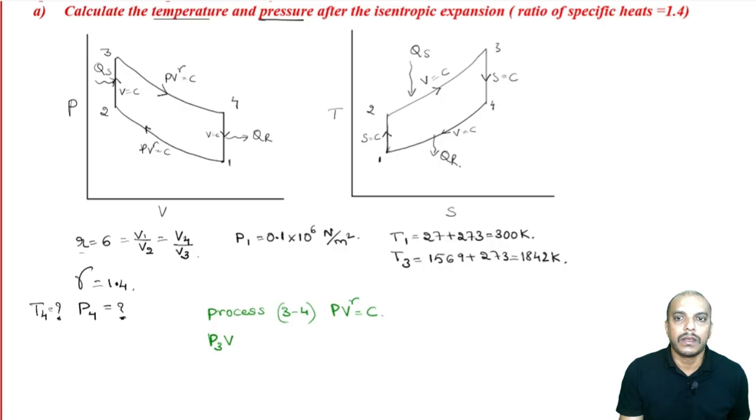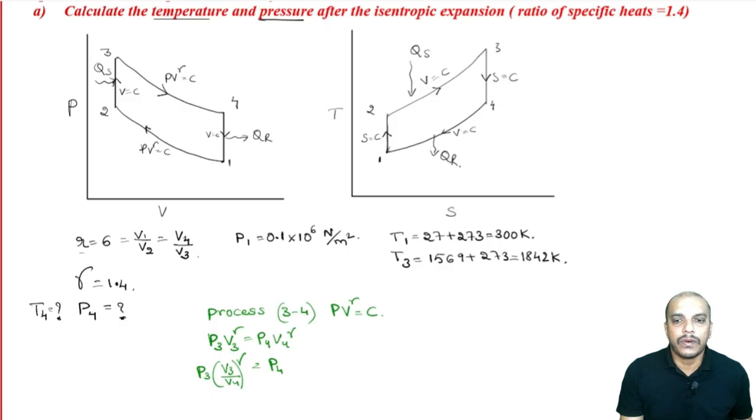So, P3 V3 power gamma is equal to P4 V4 power gamma, alright. We are interested in finding out P4. So, P4 is equal to P3 into V3 by V4 whole power gamma.